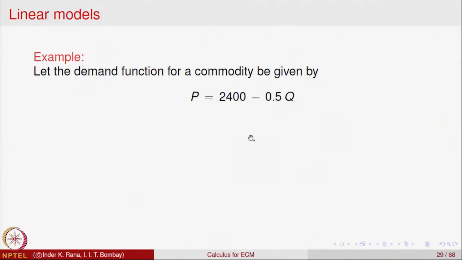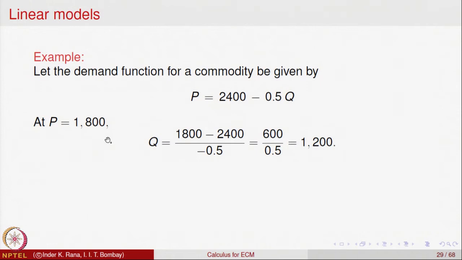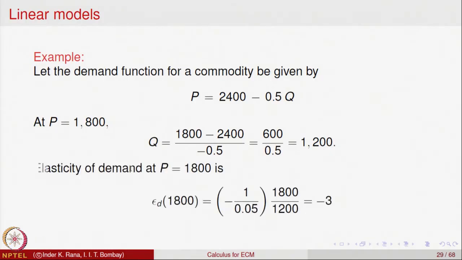So, when the price is 1800, we can calculate Q from this equation to be 1200. That means, when the price is 1800, the quantity demanded is 1200 units.